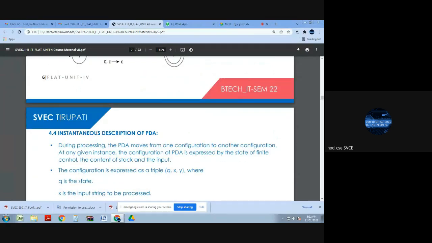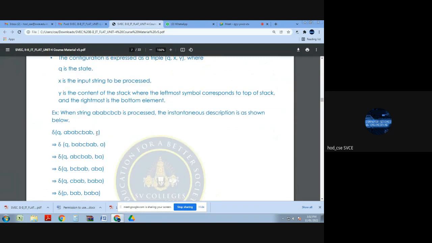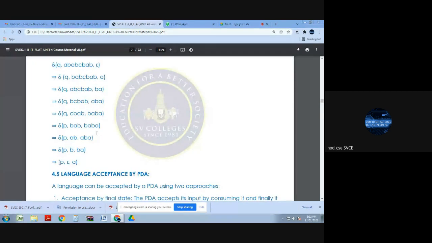And then the instantaneous description, also called ID, of a PDA, how to represent it, and language acceptance by PDA.